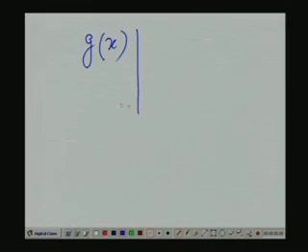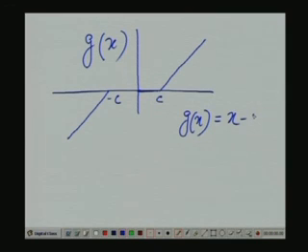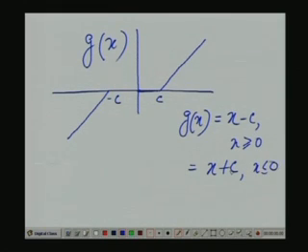Consider this case, a very simple case. It is given g x is x minus c for x greater than equal to 0 and equal to x plus c for x less than equal to 0.